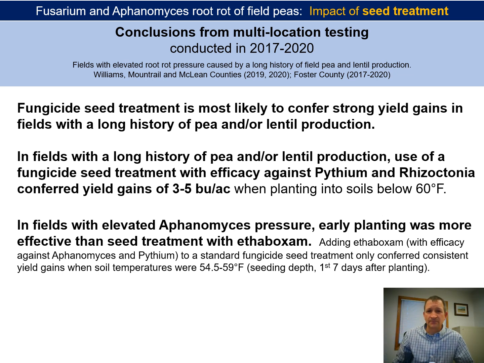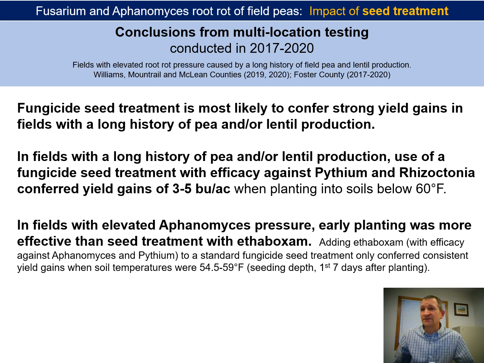The next thing is that in these fields with elevated Fusarium and Aphanomyces, early planting was more effective than adding a fungicide seed treatment active ingredient with activity against Fusarium and Aphanomyces.